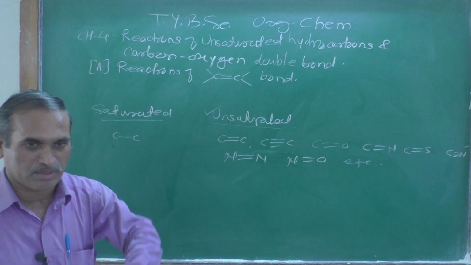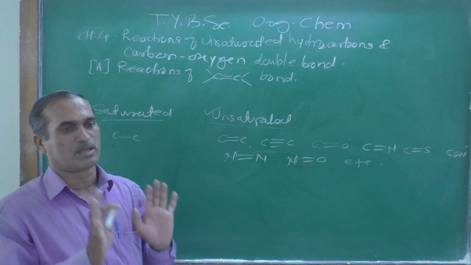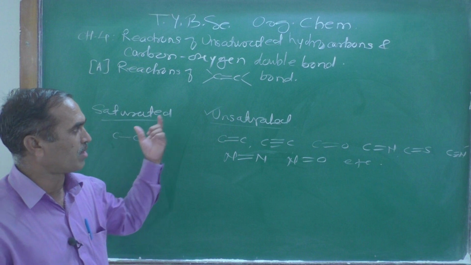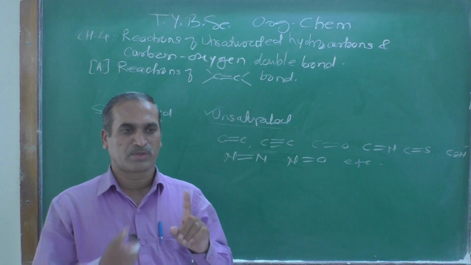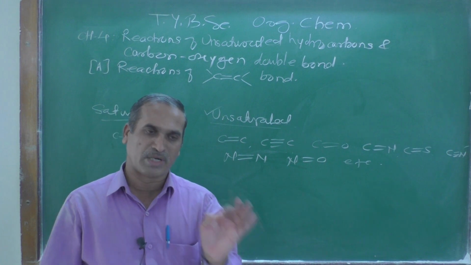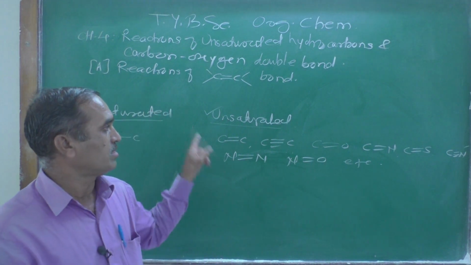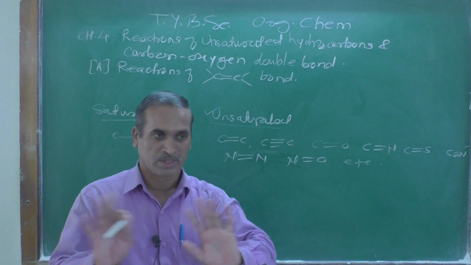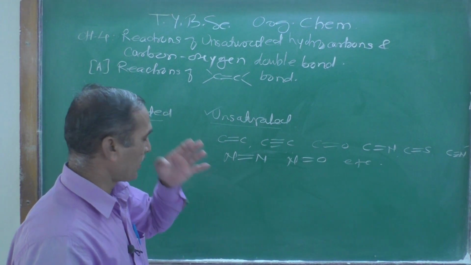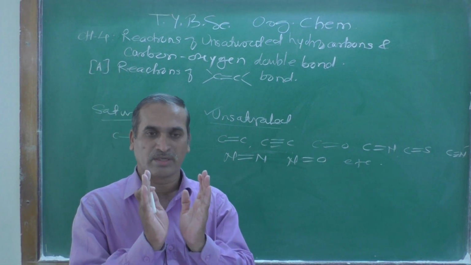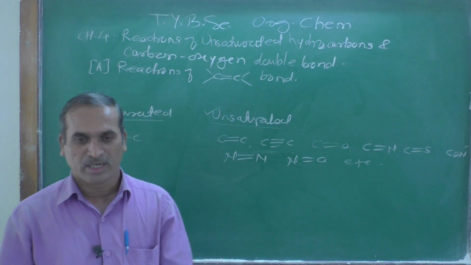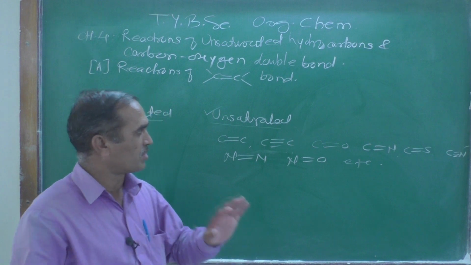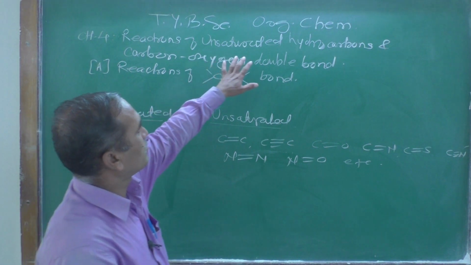Saturated means an organic compound containing carbon-carbon single bonds is known as a saturated compound, and unsaturated means an organic compound containing a double bond or multiple bond is known as an unsaturated compound. Look at this. This is the simplest explanation or distinction between saturated and unsaturated compounds. Understood this one?